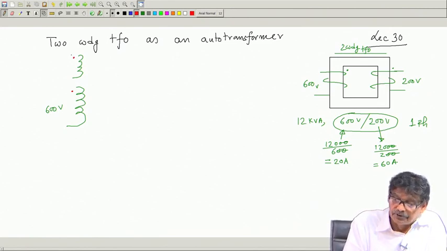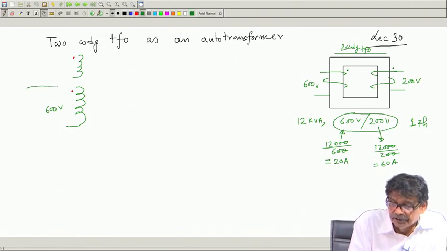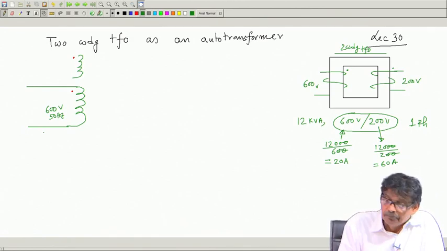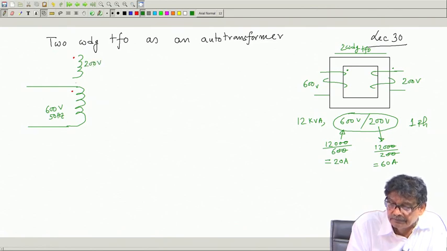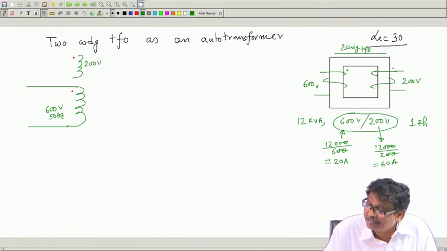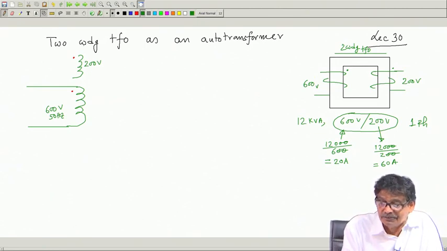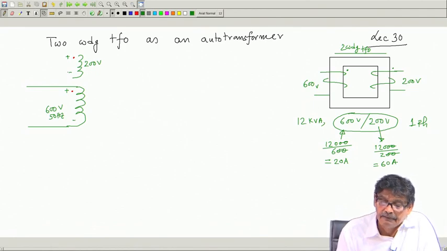This is the high voltage coil and it can be supplied with 600 volt, 50 hertz, all RMS values. The moment you apply 600 volt, you are sure you are going to get 200 volt here. Why would that rule change? Because the same flux links. Therefore the polarity is also known: if it is plus at any instant, this is also plus, this is minus, this is minus.